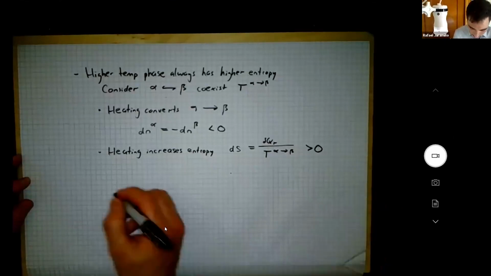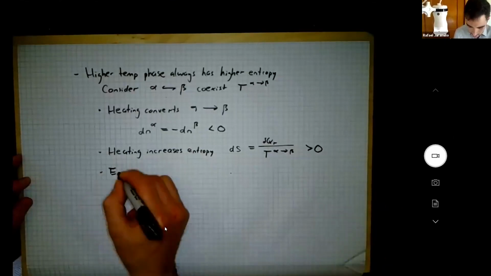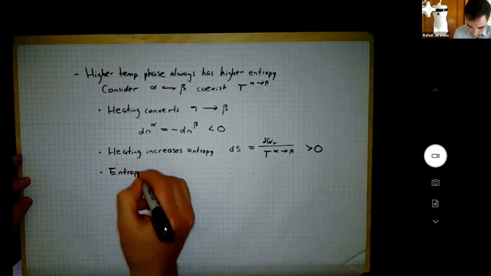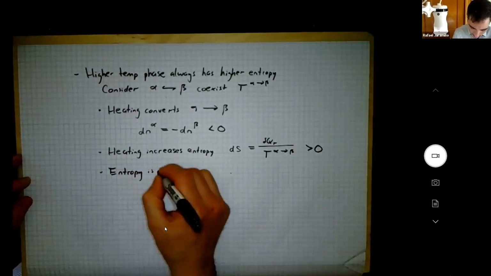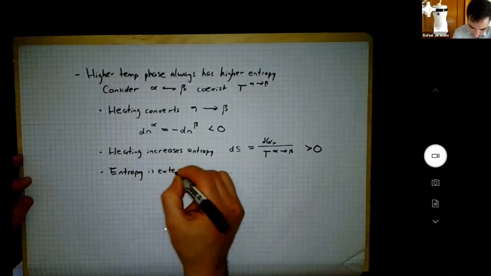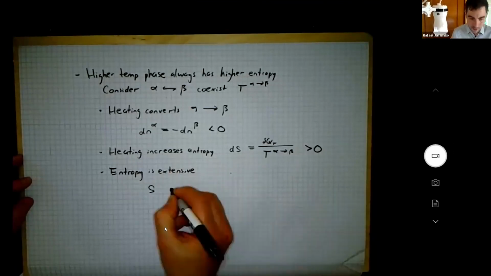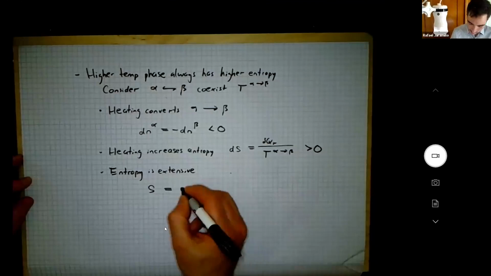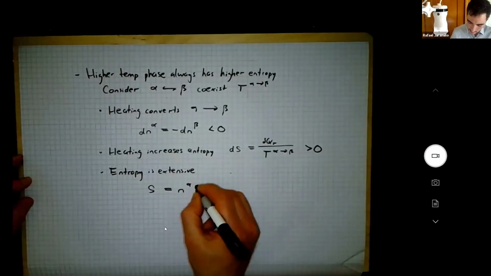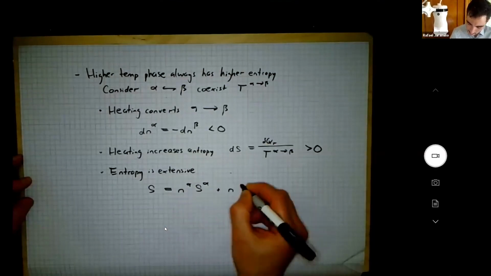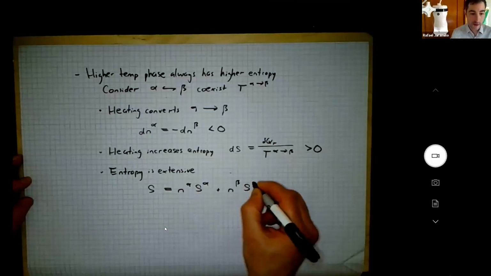We also know that the entropy is extensive. So S equals N of alpha, S of alpha, plus N of beta, S of beta.